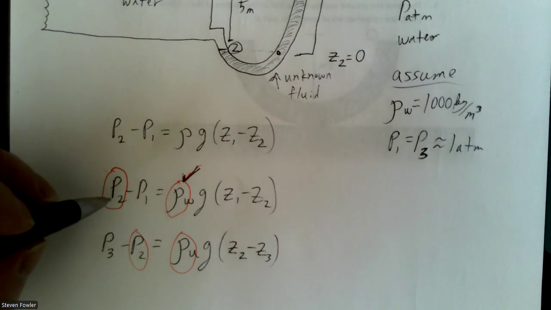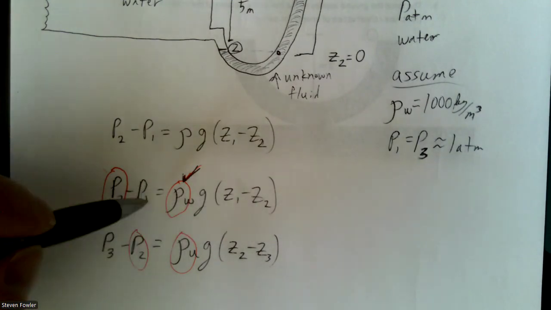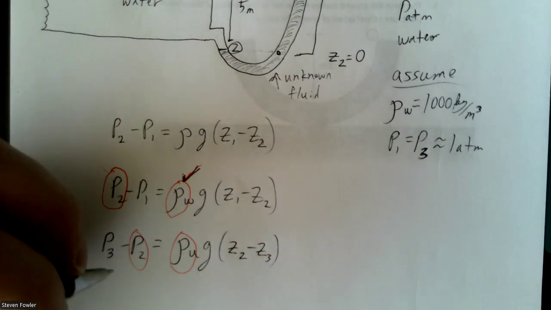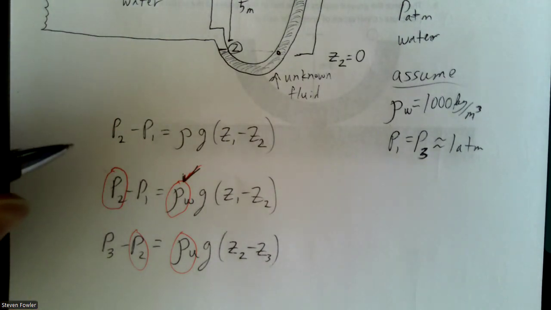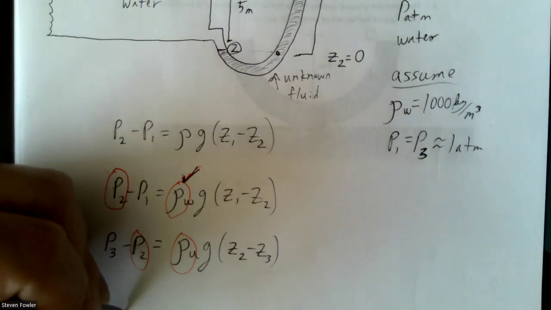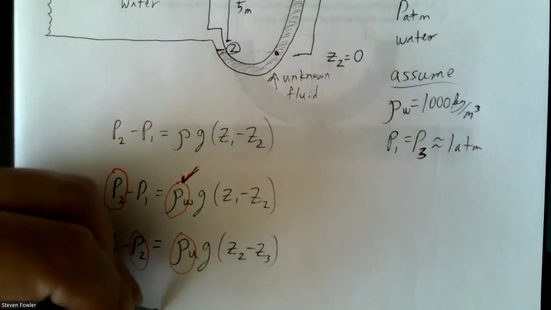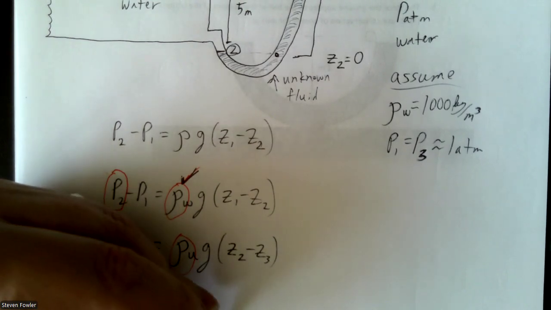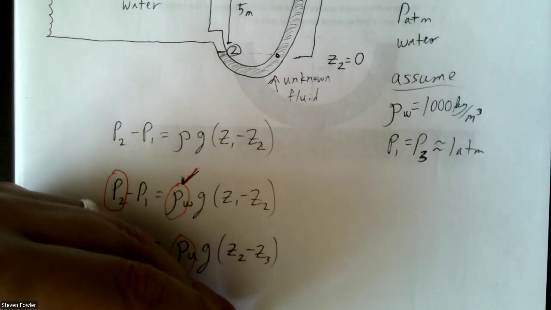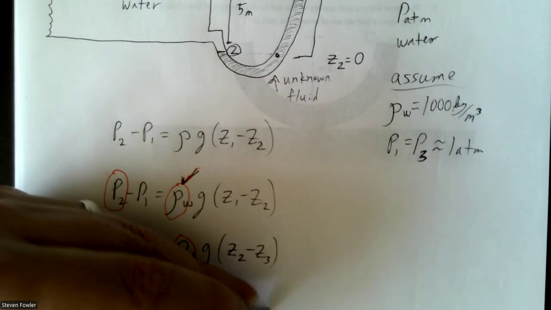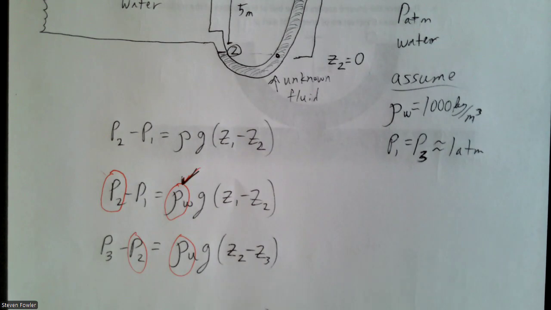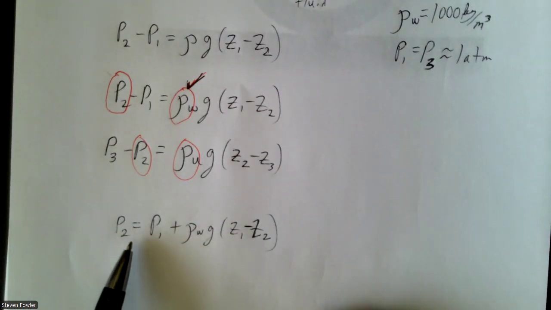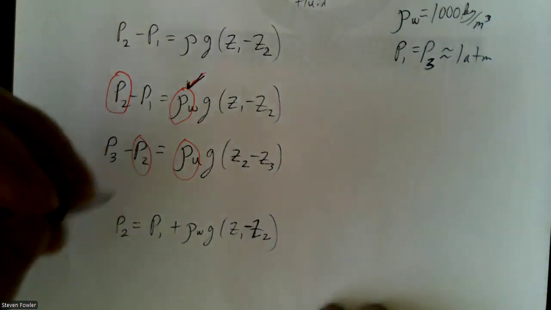So how you find P2, if you want to find it directly, is to plug in all these numbers and calculate it. But I'm going to use algebra skills, because I don't mind using them. P2 is equal to P1 plus the density of water times gravity times Z1 minus Z2. I could find that value, but I don't need to.